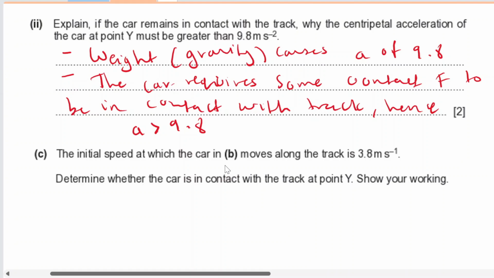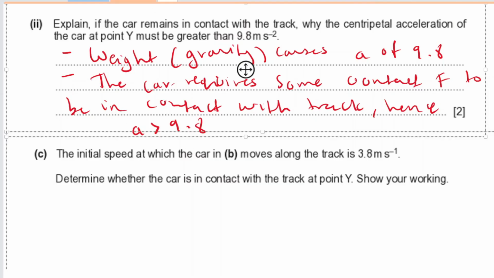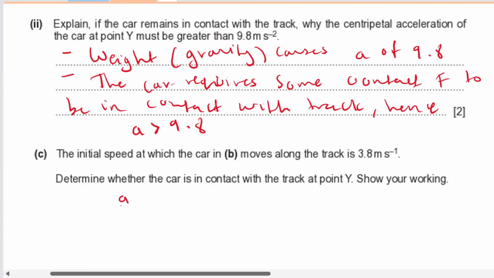And what will that speed help us in doing? This speed will help us to find the acceleration, because you see in Roman 2, what do they say? They say that if the car remains in contact with the track, the acceleration must be greater than 9.8. So if you want the car to remain in track, the a must be greater than 9.8.